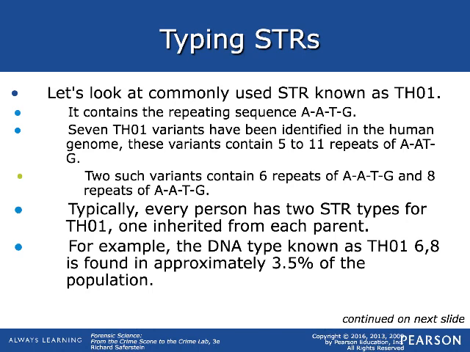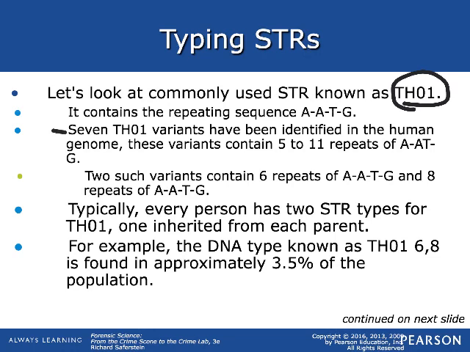Okay, so there is a commonly used STR, it's TH01. TH01 has a repeating sequence, it's AATG. So different people have different numbers of AATG on their chromosome.